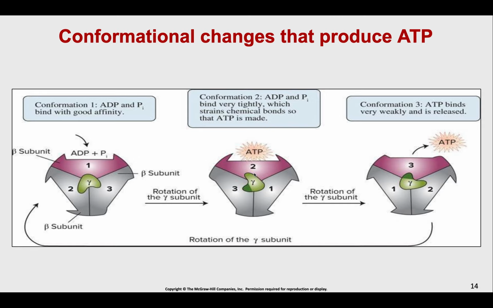As that rotates, it's going to strain those bonds between ADP and the phosphate group, those bonds that are connecting them to that enzyme. As it's straining those bonds, it's making them weaker so that they can break apart and form new bonds in order to create ATP. So in that last rotation of ATP synthase, ATP can be released.